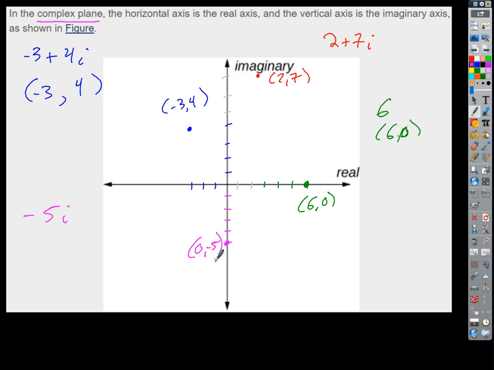What do you mean by the size of the complex number? Well, if I have, let's put one more up there. How about -4 also? Where's that one go? Just plain old -4. Back to the left 4. Yeah, it's just going to be right there, isn't it?